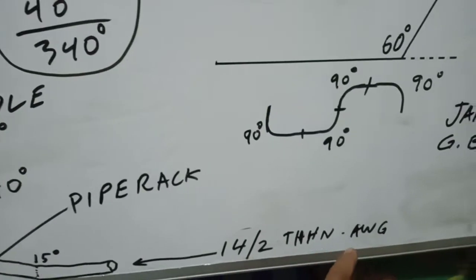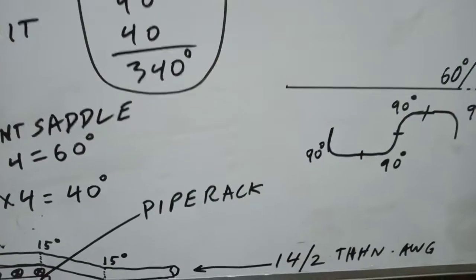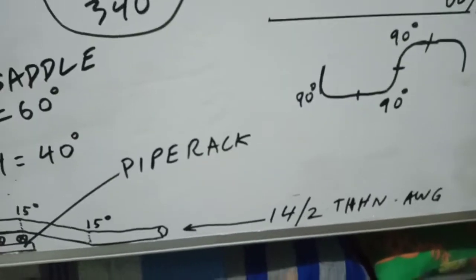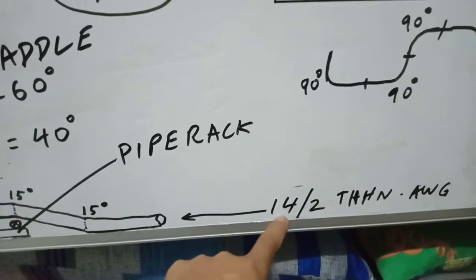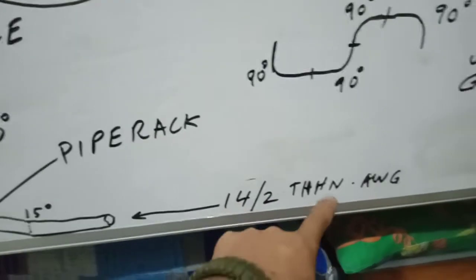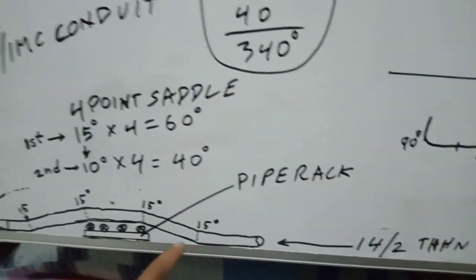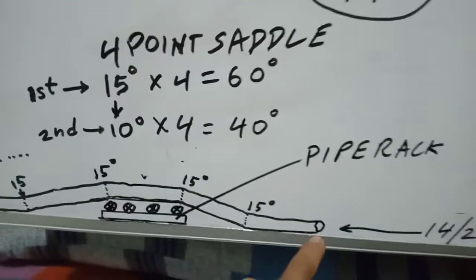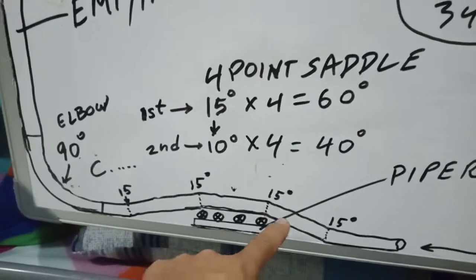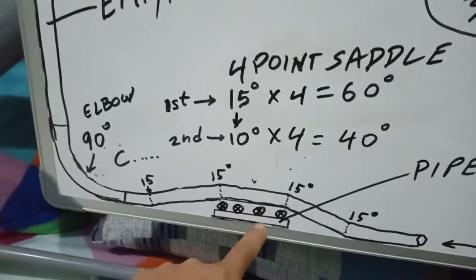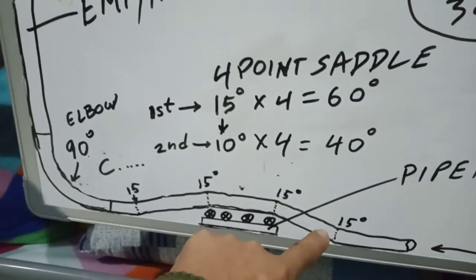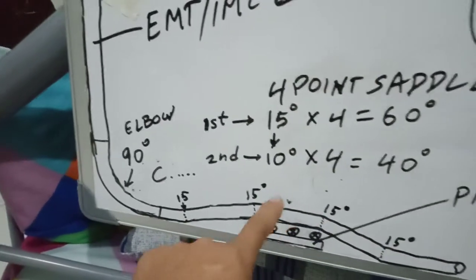Because let's say we are going to make some cable pulling. We are going to insert size 14 AWG THHN wire into the conduit. Say on our 1.5 inch conduit, we have a pipe rack. So we are going to bend 15 degrees, 15 degrees, 15 degrees.